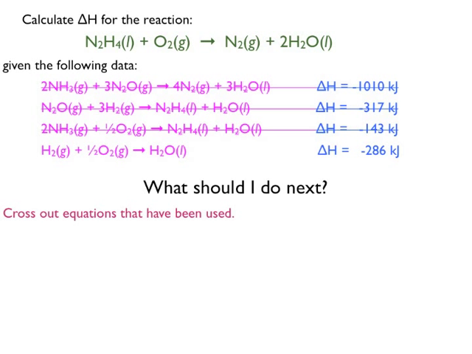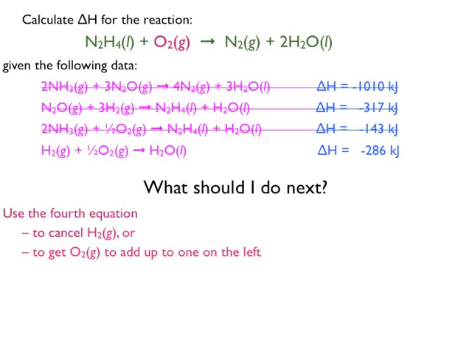And if we've done our math right, we can do this in any of 3 different ways. We can use up the hydrogens in a way to cancel the hydrogens that were put in by the third equation, or we can get the oxygens to add up to 1 on the left, or we can get the waters to add up to 2 on the right. So what I'm going to do is cancel out the hydrogen.